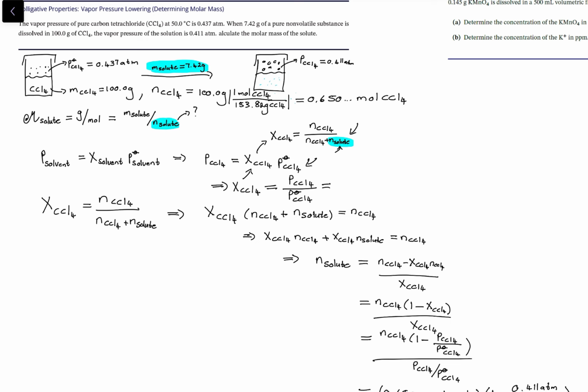Like you can immediately calculate this mole fraction by going 0.411 divided by 0.437. That will give you, I think, 0.94, etc. Then you can immediately substitute that in here. You can also substitute in the number of moles of CCl4, and then you can calculate the number of moles of the solute directly if you would like to do that.